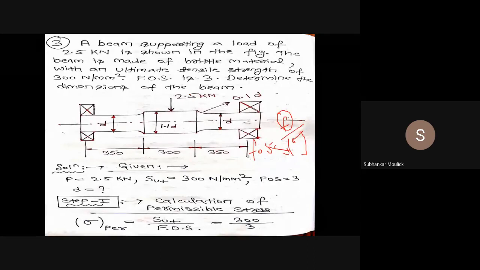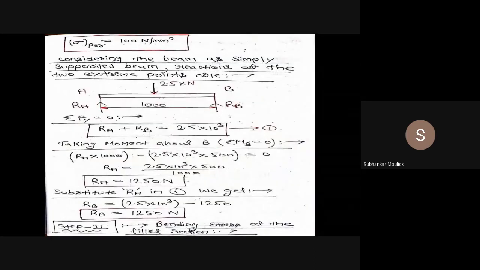I need to find out the values of RA and RB. What we can do is write the equations of equilibrium: summation of all the forces along the y direction is equal to 0. That means RA plus RB minus 2.5 kilonewton equals 0. This is equation number 1.